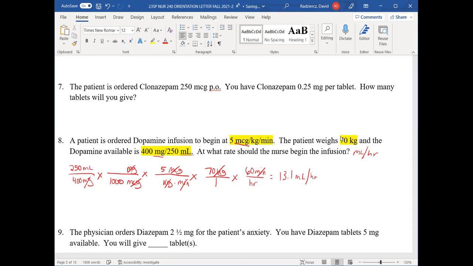Did you get a crazy million number for the top one? Oh, let me see. Yeah, so 250 times 5 times 70 times 60. 5,250,000.